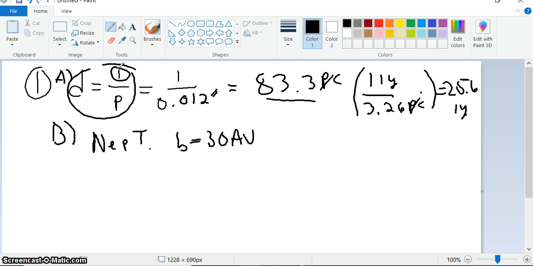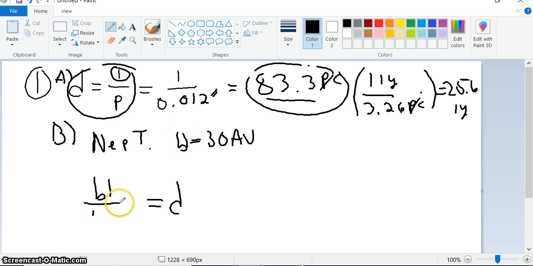All right, so here's what we can do. The distance to this star is going to be the same whether you look at it from the Earth or from Neptune's moon Triton, which is the largest moon of Neptune. So the distance is the same. The distance will equal the baseline divided by the parallax.